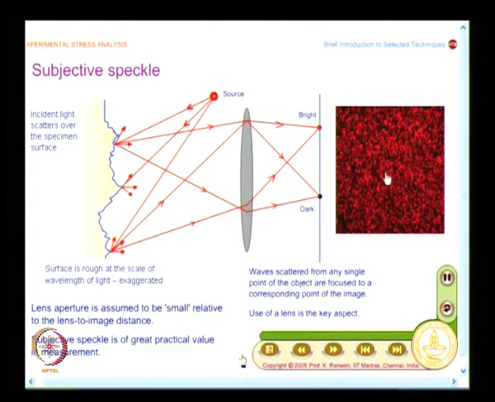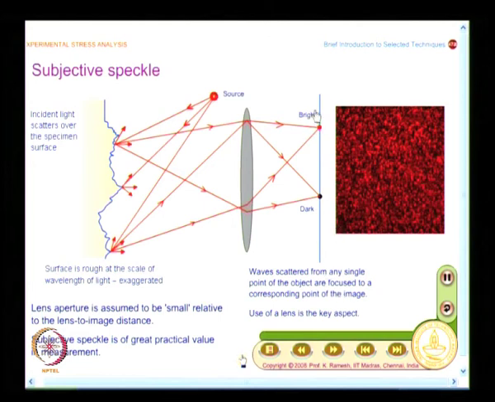We have already seen that it is temporally constant, as a function of time it does not change, and spatially determined. It is like a fingerprint, the same concept I will again reinforce, we will have a look at this in the next slide as well. So, the key point here is waves scattered from any single point of the object are focused to a corresponding point of the image. That is a key difference between objective and subjective speckle.